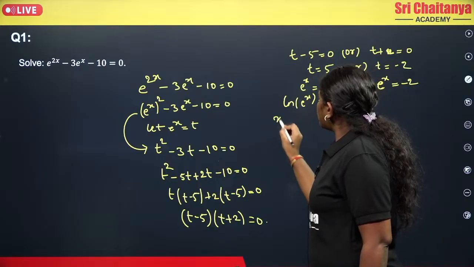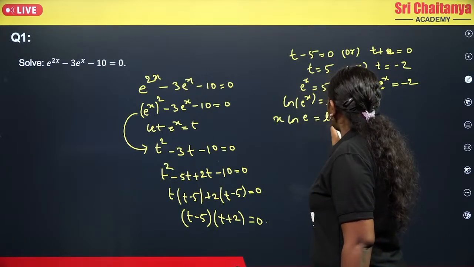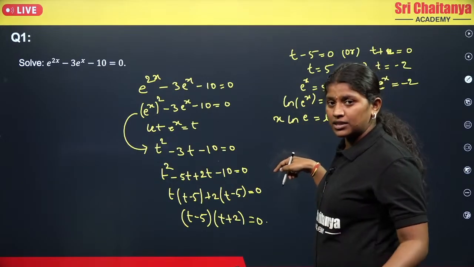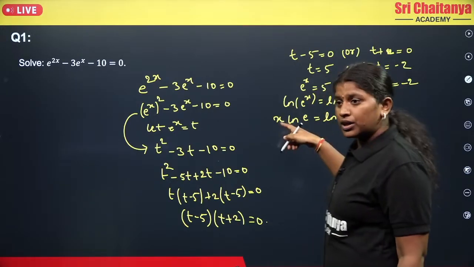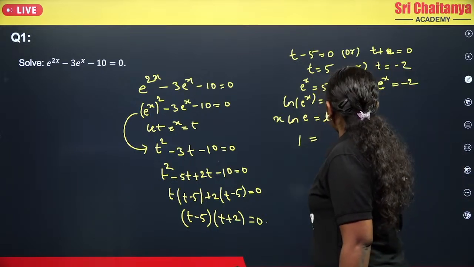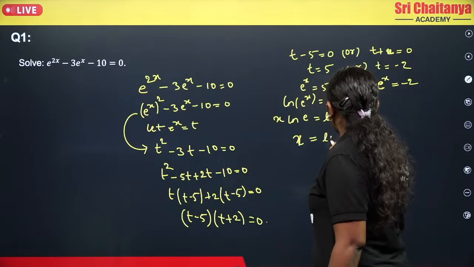So it becomes x ln e equals ln 5. Now if you observe, ln is nothing but log to the base e. So log e to the base e becomes 1. So x into 1 equals x equals ln 5.